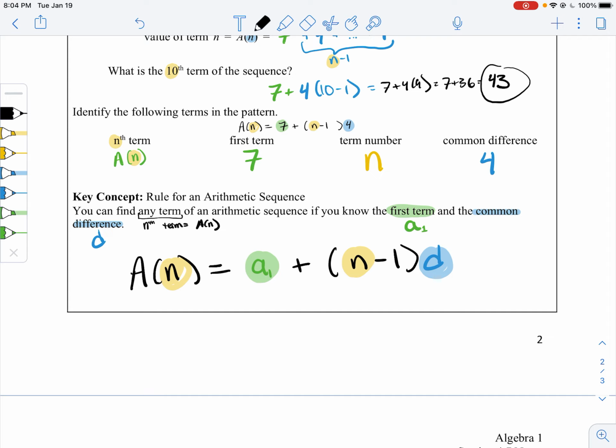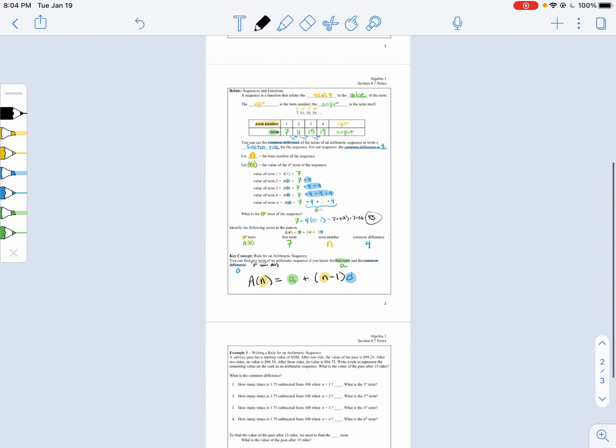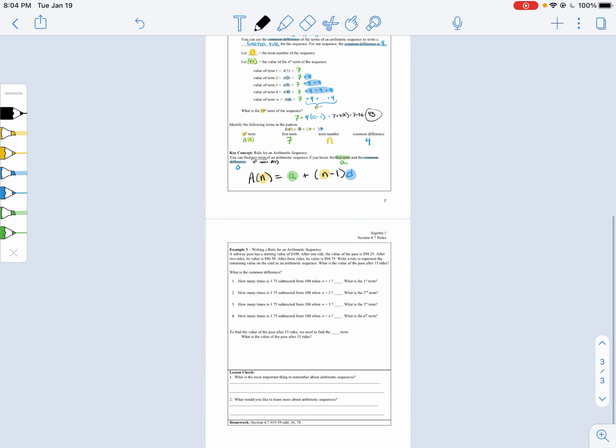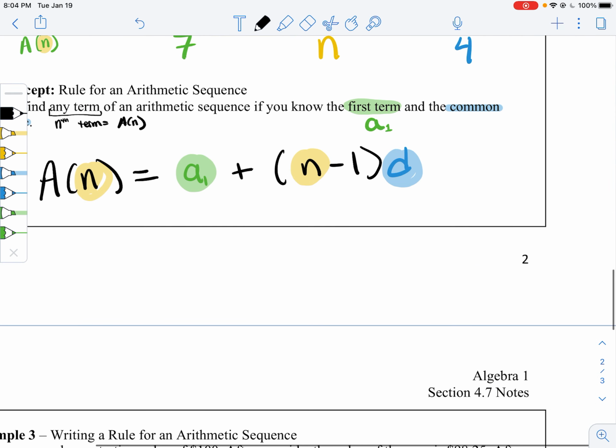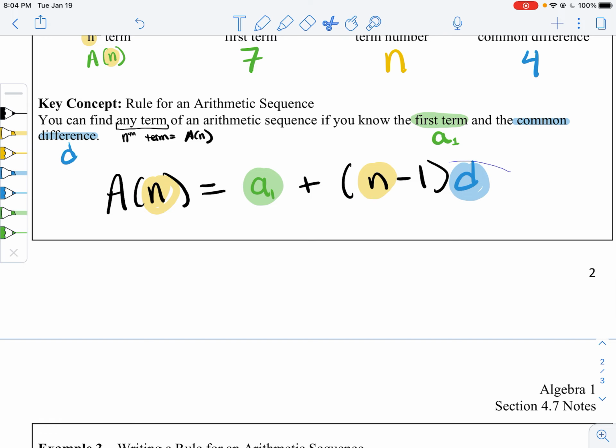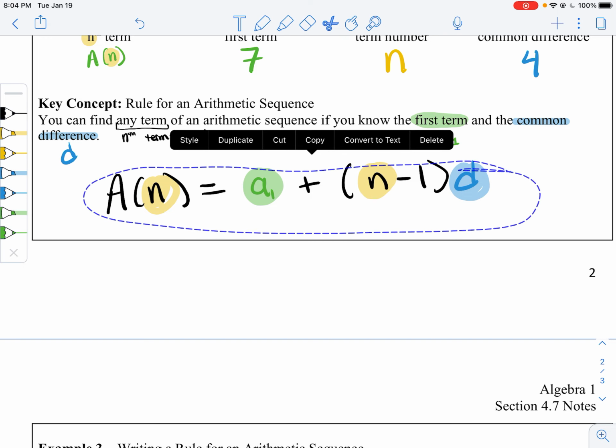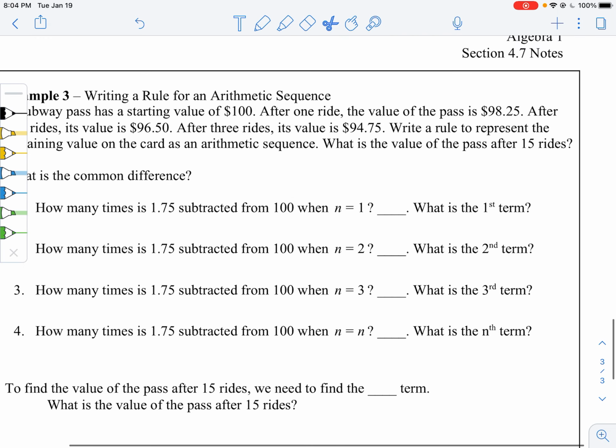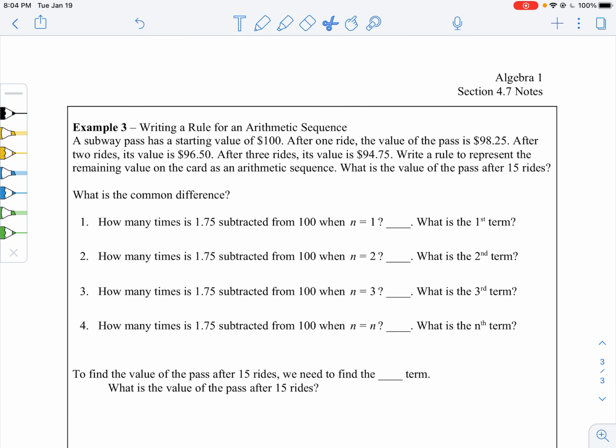Okay, cool. Let's do an example and then call it a day. Yeah, here we go. I'm gonna copy this real fast. All right. A subway pass has a starting value of $100. After one ride, the value of the pass is $98.25.